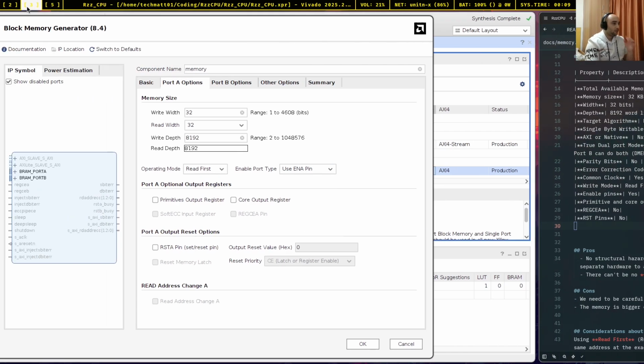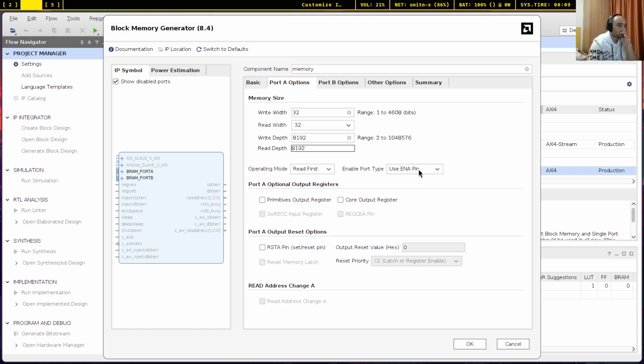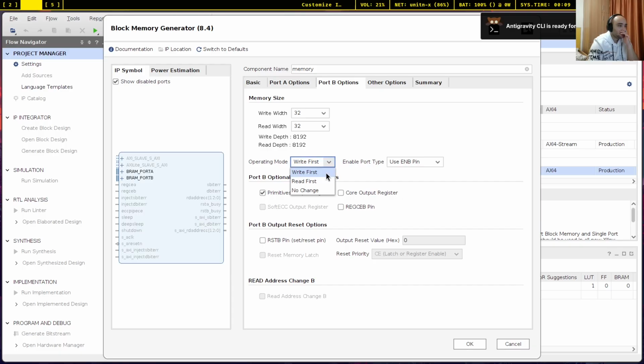So here, in the meantime, is enable pin read first. We don't need this, and we don't need this. Port B, this also read first. Oh no, wait. Same, yeah, read first.